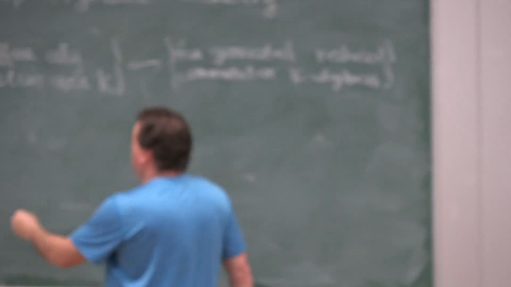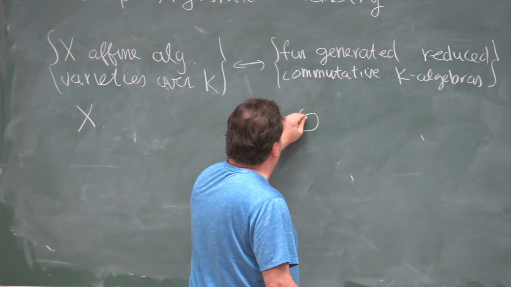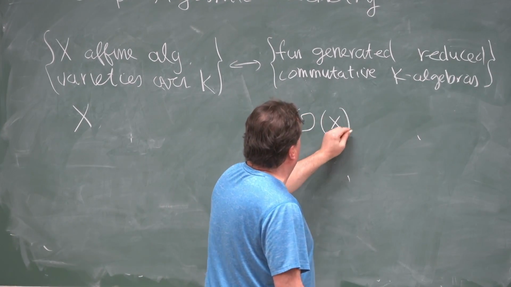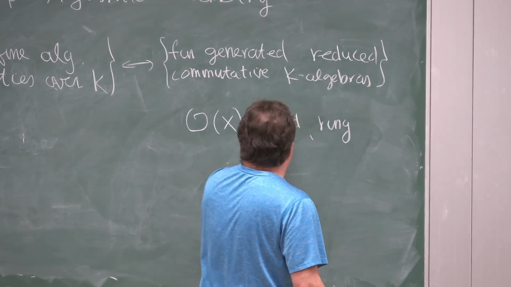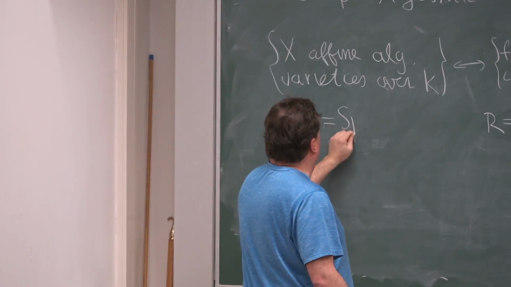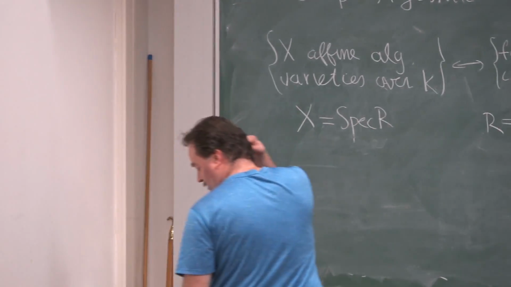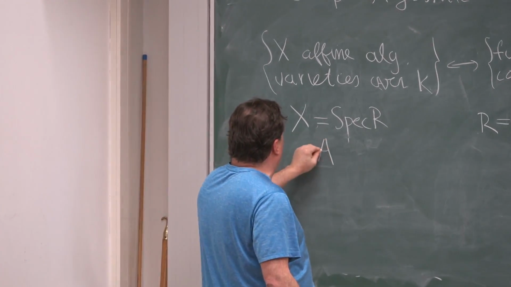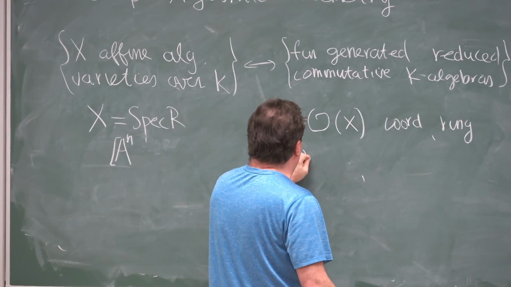So for example, if we have an affine variety X, then we can associate to that a coordinate ring. And if we call that R, then X is just, I'm going to write X is spec of R. In particular, affine space corresponds to the polynomial ring in n variables.